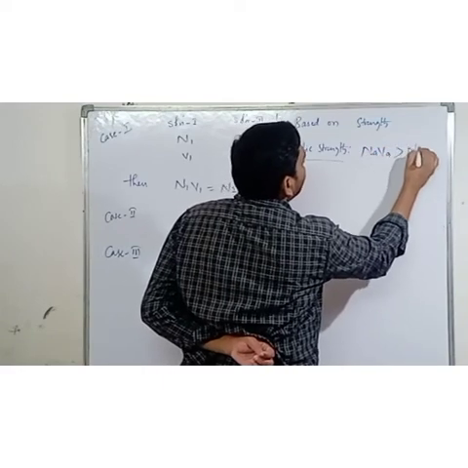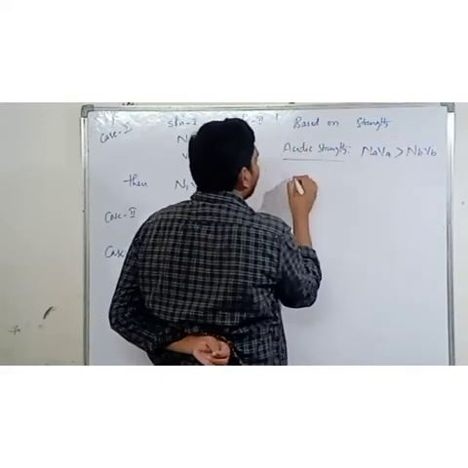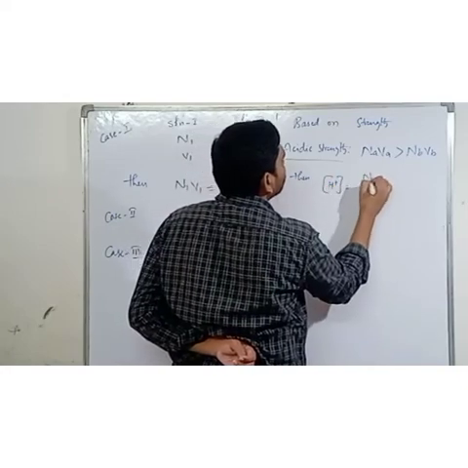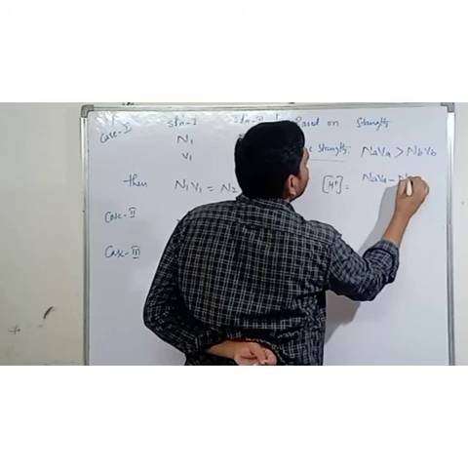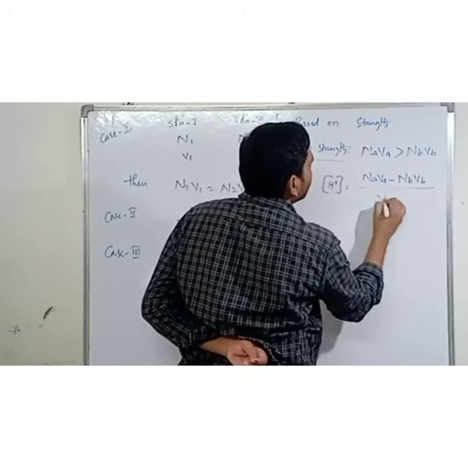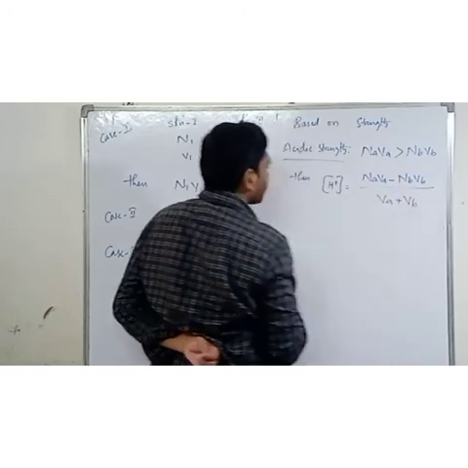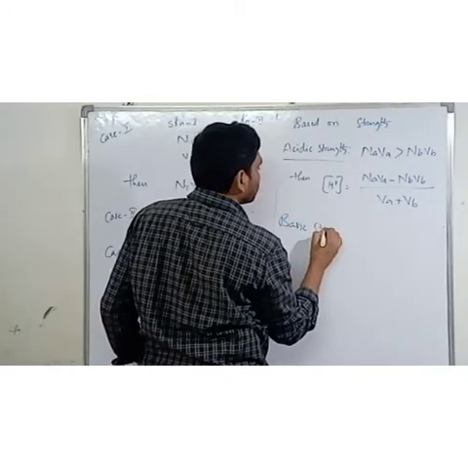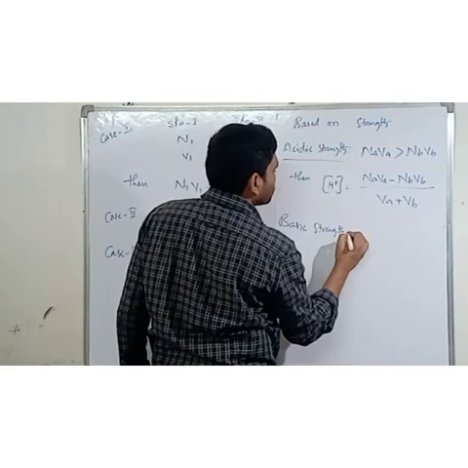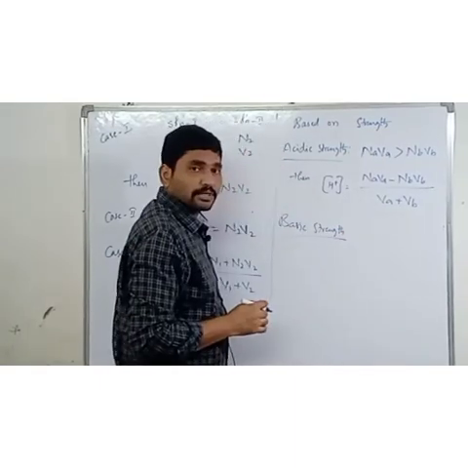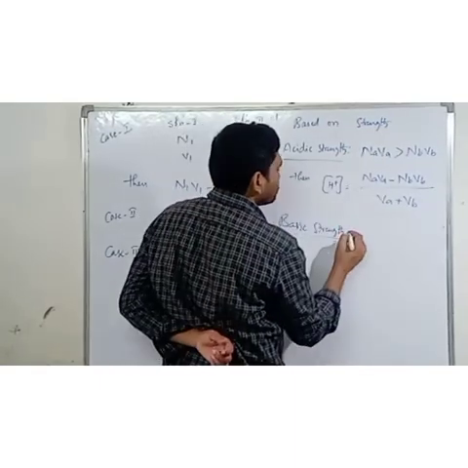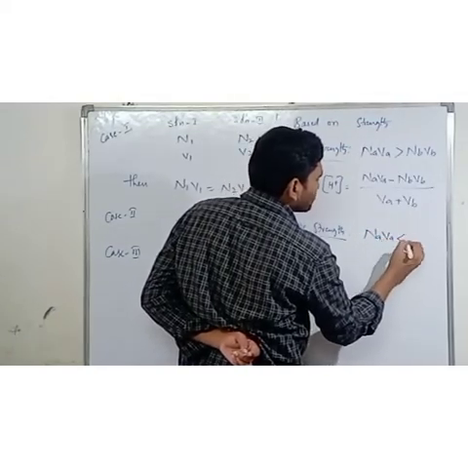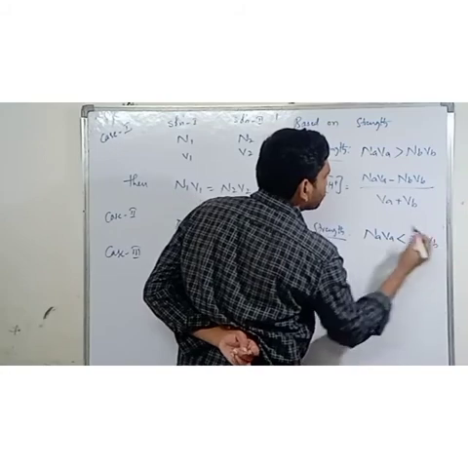In an acidic solution, NaVa is greater than NbVb. Then H plus concentration equal to NaVa minus NbVb by Va plus Vb. Next, basic solution. In a basic solution, NaVa is less than NbVb.